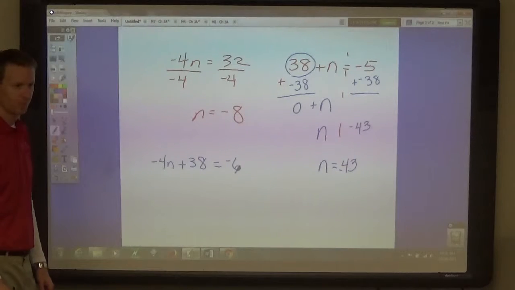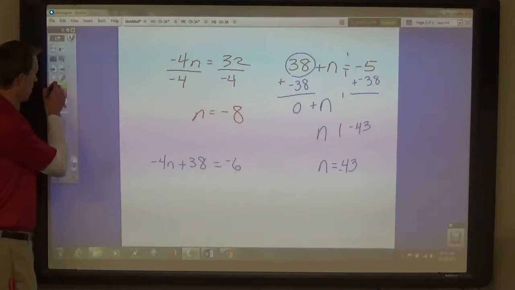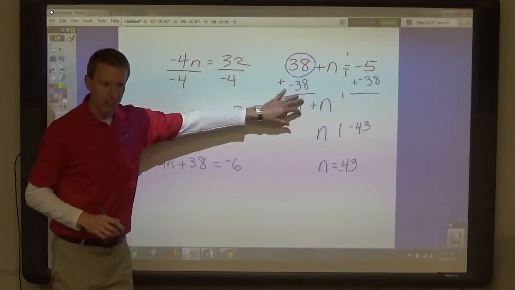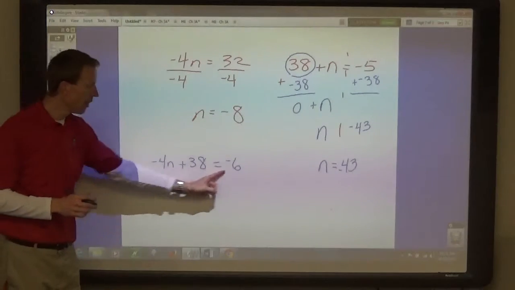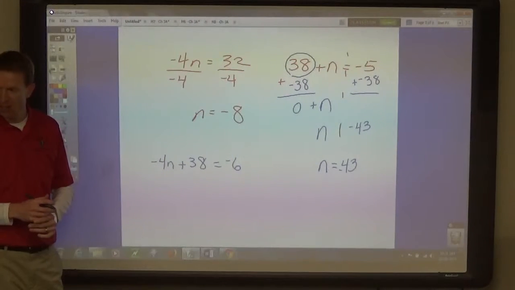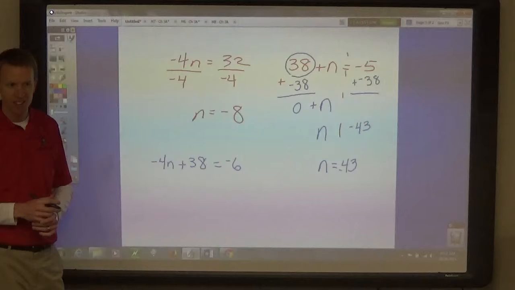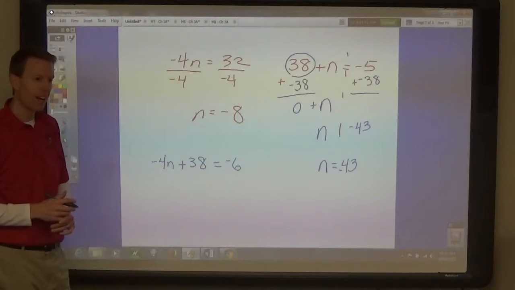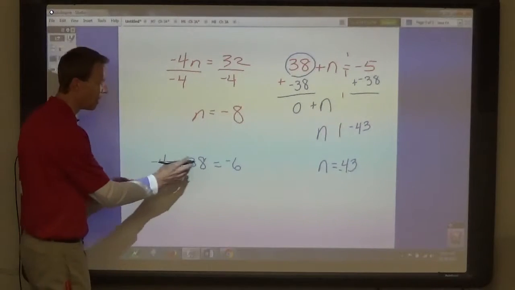Okay, so we add negative 38. So we would do the same thing. We're doing this, but we're doing them to solve one equation rather than solve two different equations. Okay? Oh, we have to divide. No, we have to add first. We're going to get rid of the number.